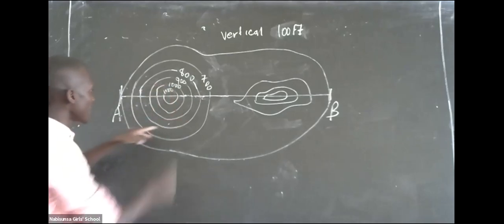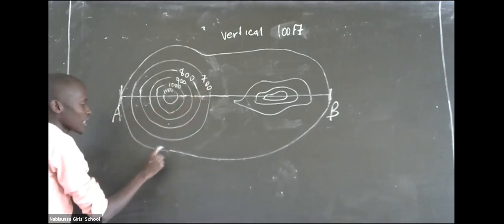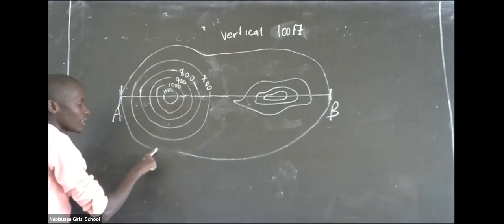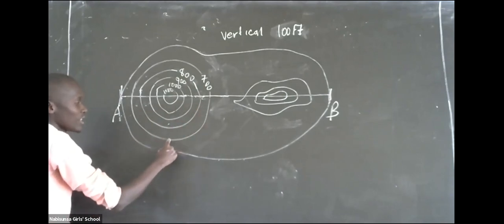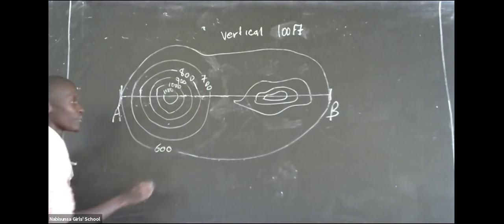Now, after knowing that this one is 1,000 and this one is 700, what's the answer for this one as I climb down? 600. It's 600.